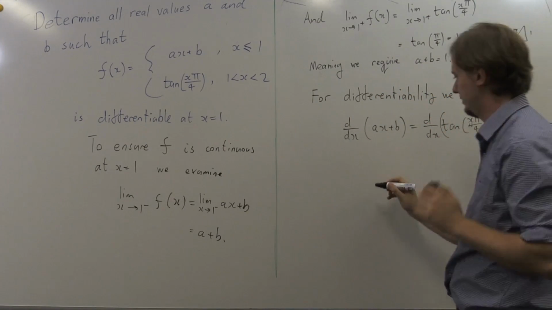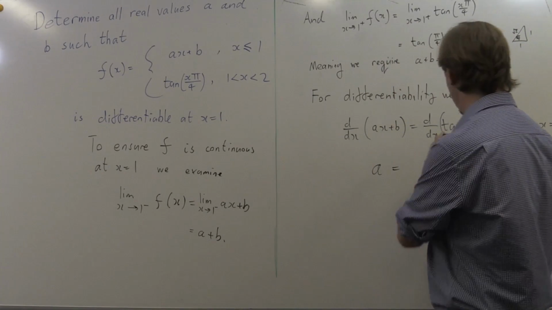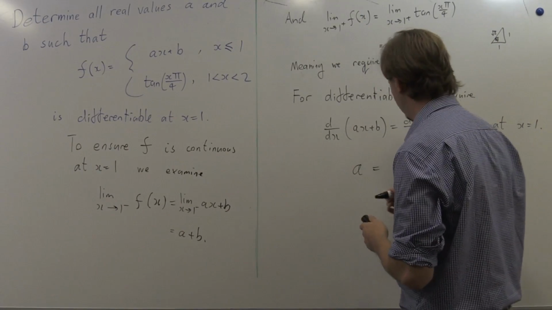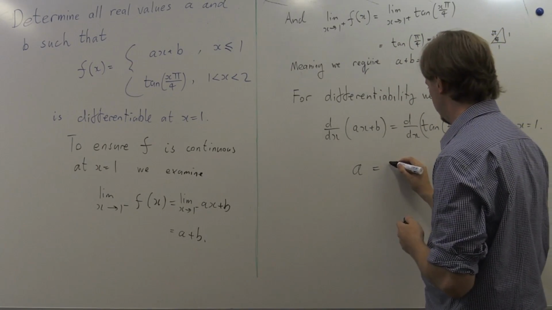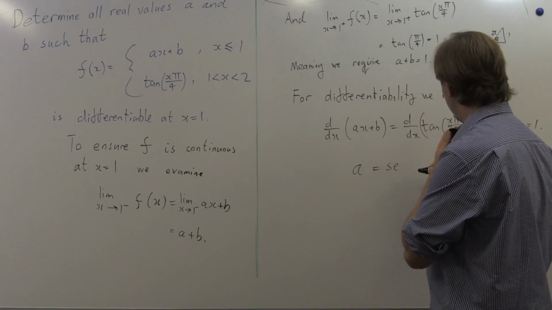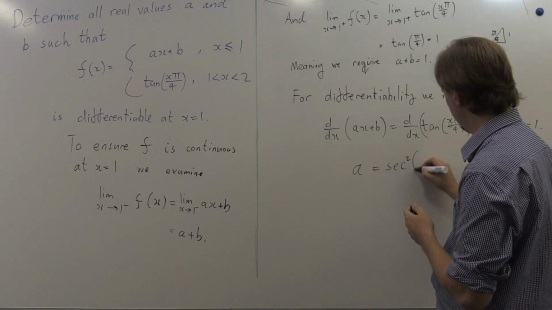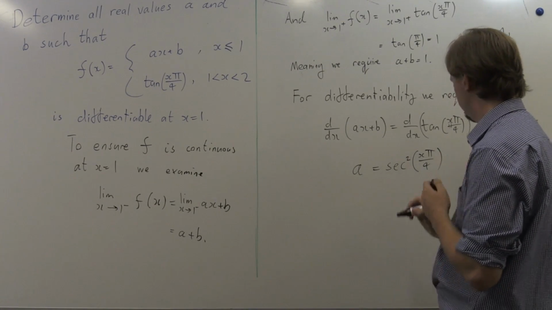So derivative of the left-hand side, I'm requiring that a will be equal to the derivative of tan. Well, I hope you remember that the derivative of tan is sec squared. At least you can try and rewrite things in terms of cosines and sines, that's more helpful. But if you do remember the derivative of tan is sec squared, you can save yourself a bit of time here.